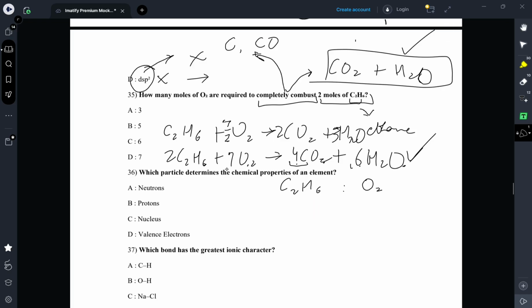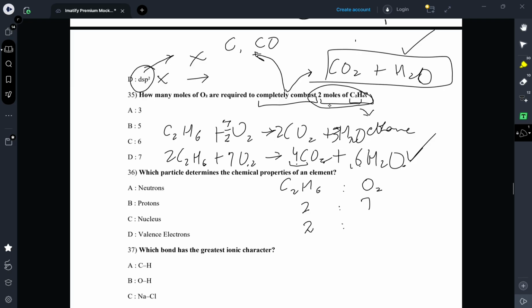Looking at the equation, the mole ratio of C2H6 to O2 is 2 to 7. Now they gave us 2 moles of C2H6, and we need to find the moles of O2.